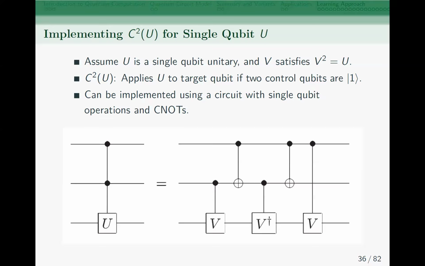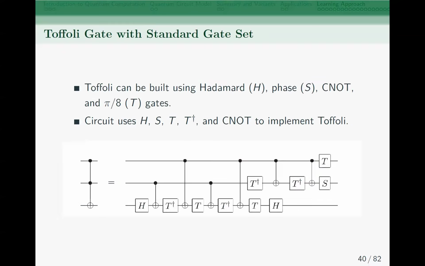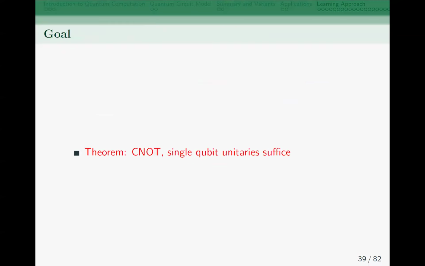Okay, so this is just a special case. But the main goal of the rest of the lecture is to show that if you have C-NOT and arbitrary single-qubit unitaries, then this is enough to get you the whole n-qubit unitaries. This is a very non-trivial theorem that people invented, I believe about 30 years ago.